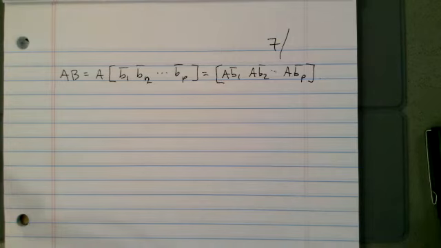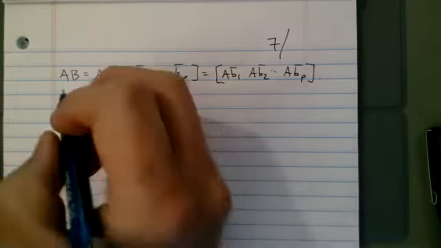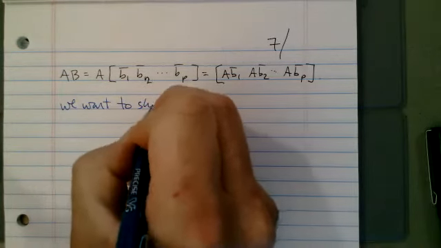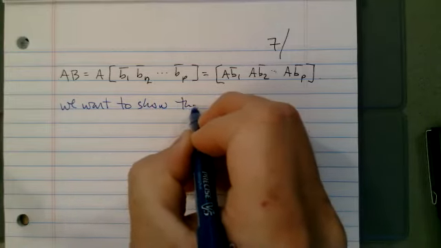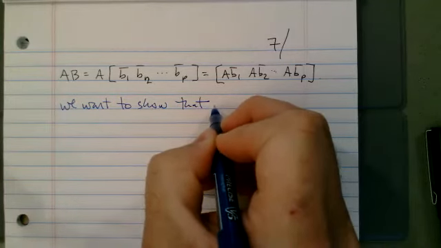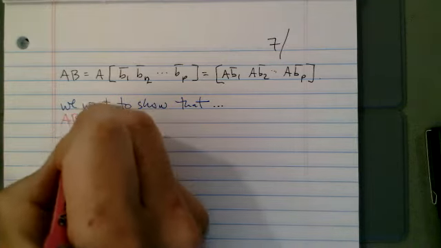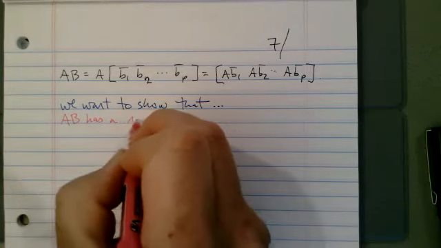So we want to show, and we have a choice of things, that AB does not have a pivot in each column. So AB has a non-pivot column.